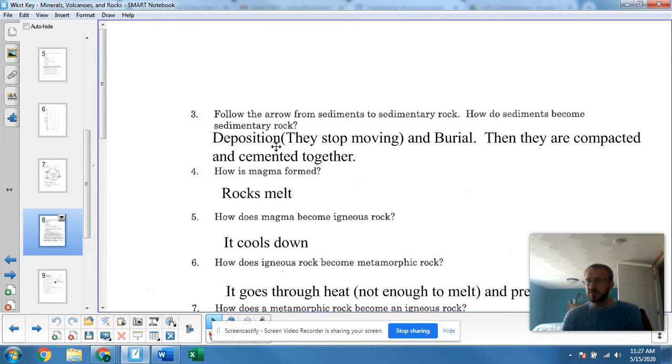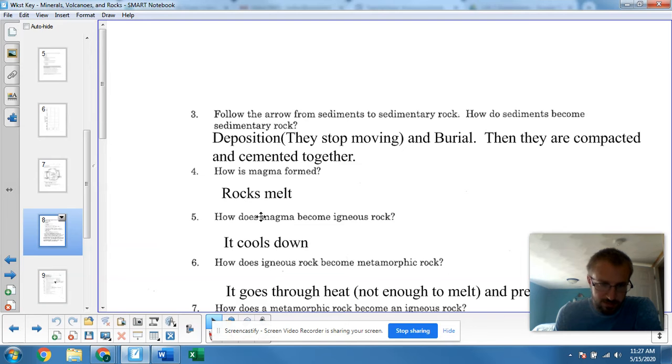Deposition just means the sediment is deposited, meaning it stops moving. Like if it's in a river and the water is pushing it, if it gets to a lake where the water is not moving as fast, that sand, silt, whatever is moving is going to be deposited, which is known as deposition. Burial means underneath a bunch of stuff, and then they have to be compacted and cemented together. Okay.